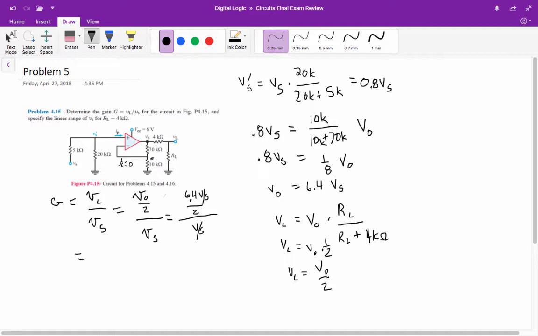And the VS's cancel, and you have 6.4 over 2, which equals 3.2. So that's our gain.